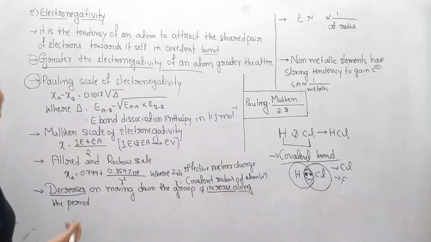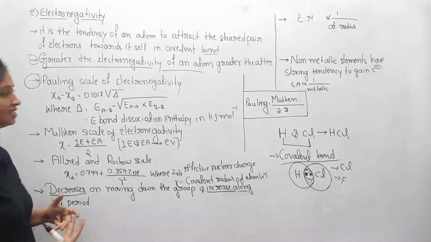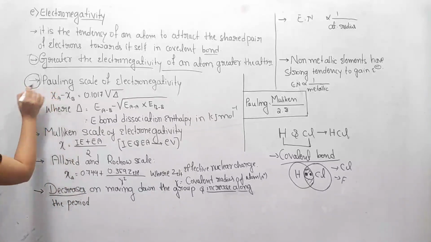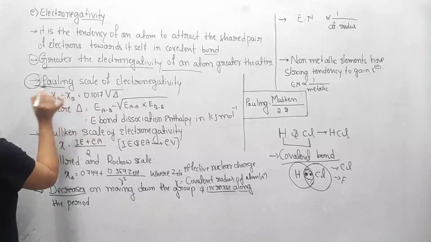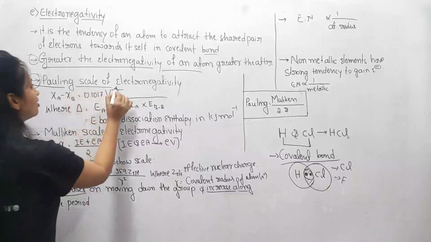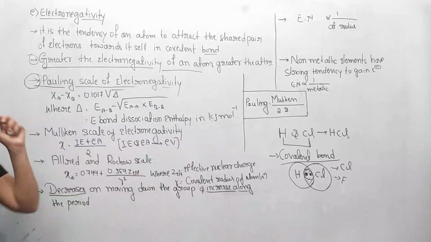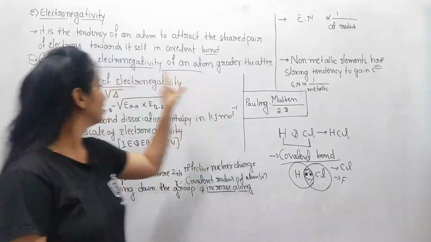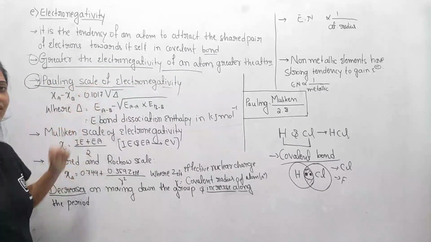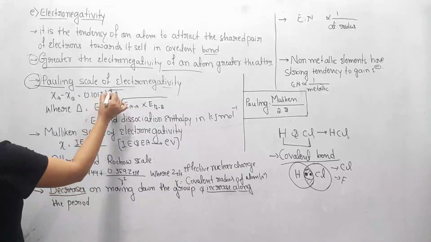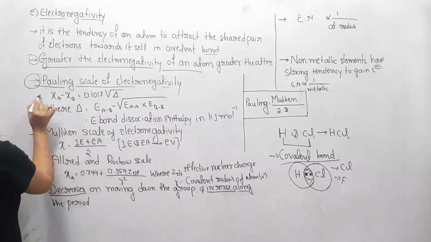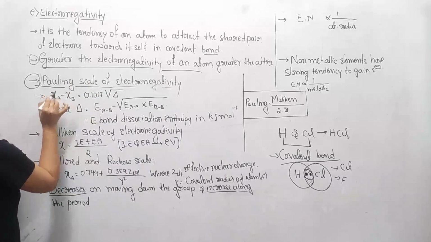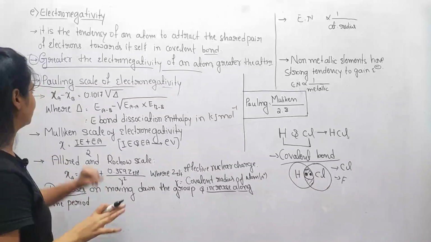Electronegativity is measured in 3 different scales. I wish to explain them one by one. The first scale is the Pauling scale of electronegativity. We measure the electronegativity by using the Pauling scale. So what is the formula for the Pauling scale? Small x means electronegativity.